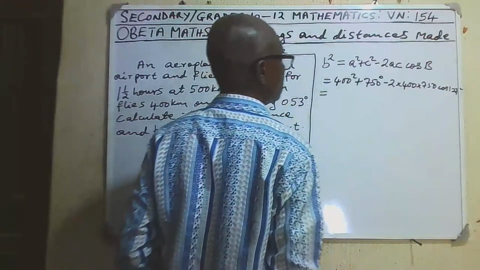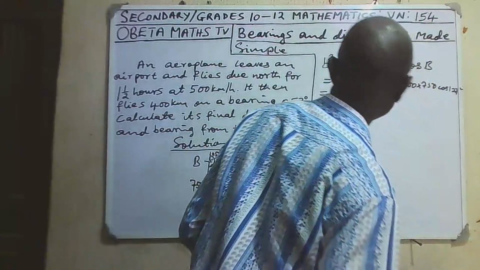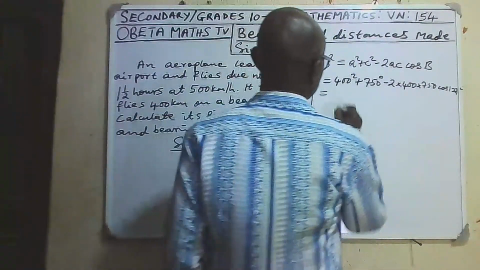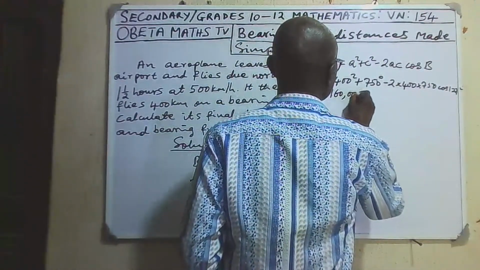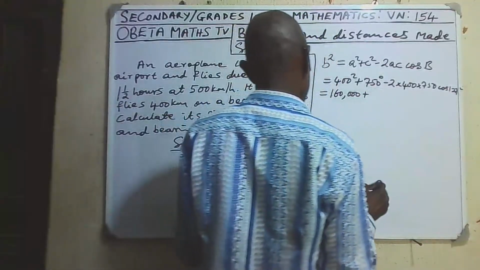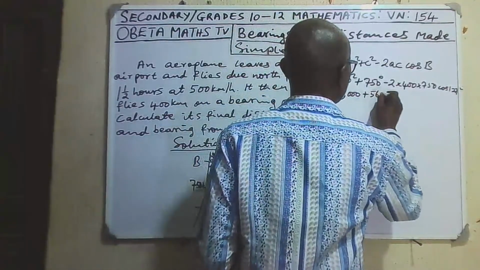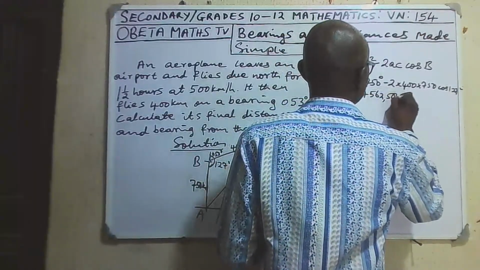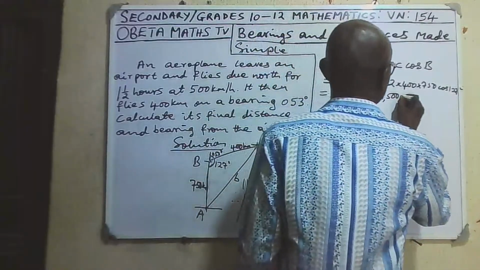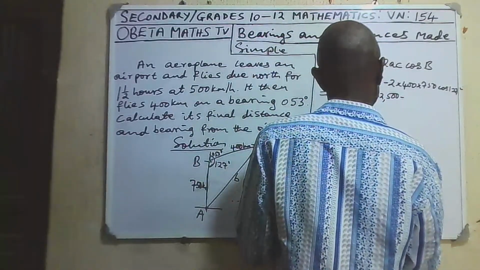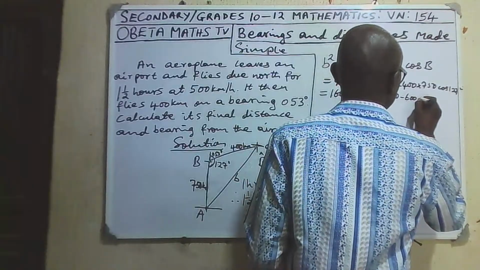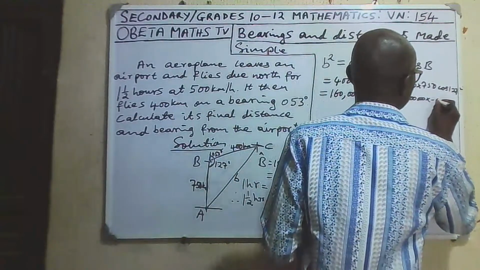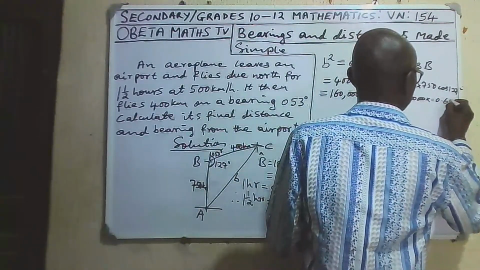And that will give us, you check your calculator, 160,000 plus 562,500, then minus 600,000 multiplied by minus 0.6018.